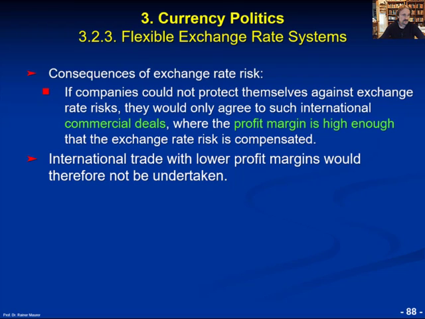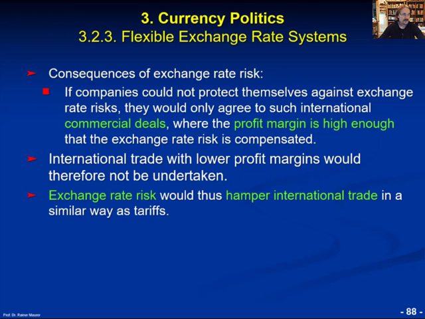International trade with lower profit margins would therefore not be undertaken. Exchange rate risk would thus hamper international trade in a similar way as tariffs or transportation costs do.